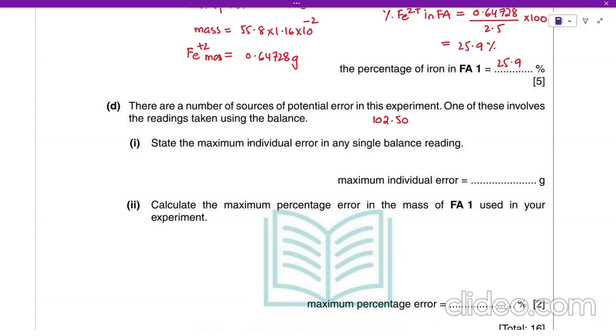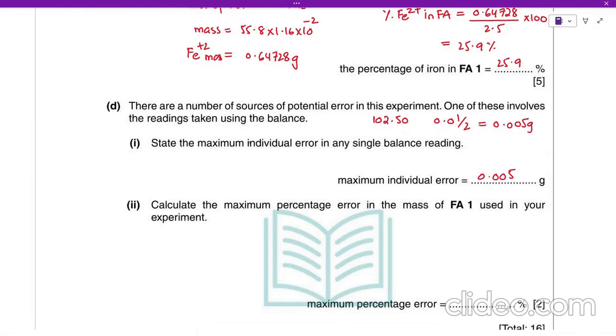So the uncertainty in one individual reading is the least count divided by 2. So the least count will be 0.01 divided by 2. So it will be 0.005 grams. This is the uncertainty in an individual reading.